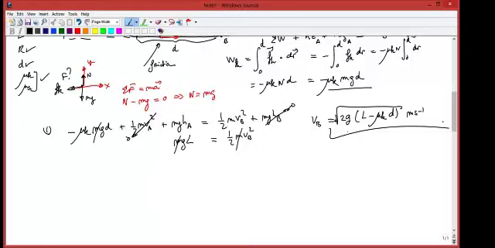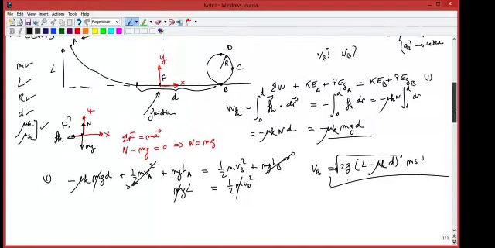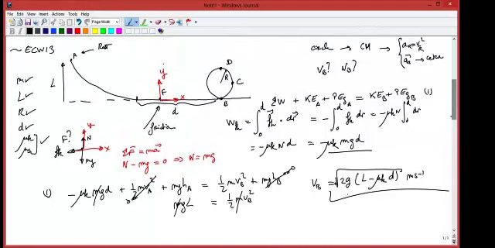Any questions so far? Everything okay? So keep in mind, always associate energy with velocity.